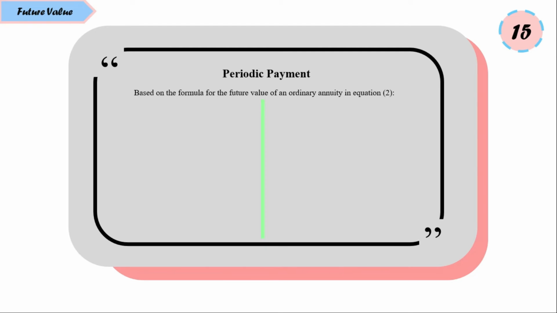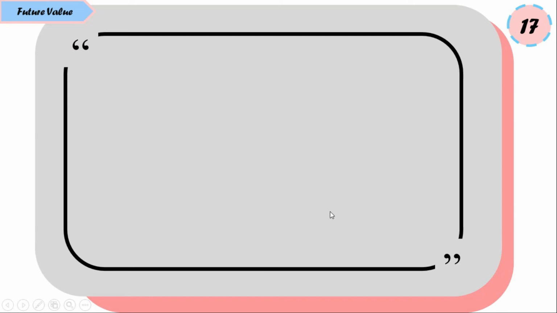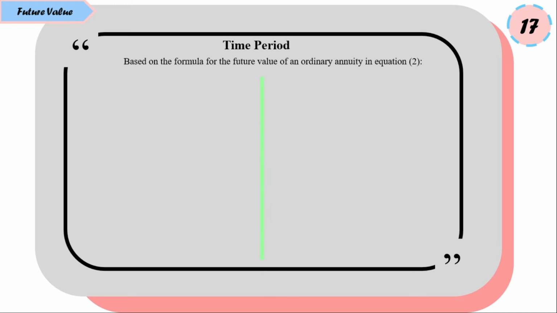Periodic payment. Based on the formula for the future value of an ordinary annuity in equation 2, we can get P equals future value times R divided by ((1 plus R) to the power n minus 1). Time period.